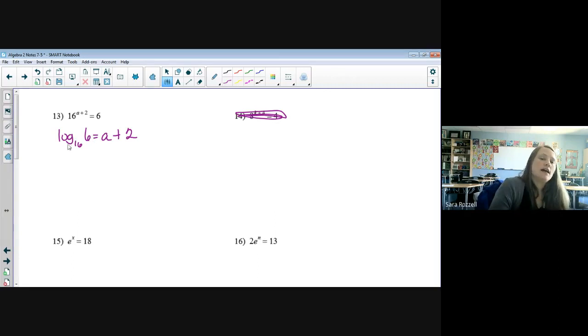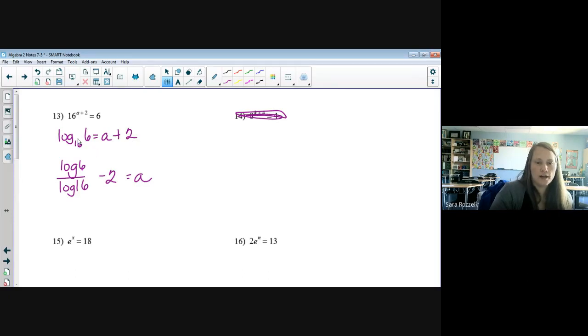So once we get our answer, a is not going to be by itself yet. We need to, after the fact, subtract 2 once we figure out what this is. So log 6 over log 16, get that answer, and then you need to subtract 2. I always just do this in one step in the calculator just because I don't like to have to do it again.